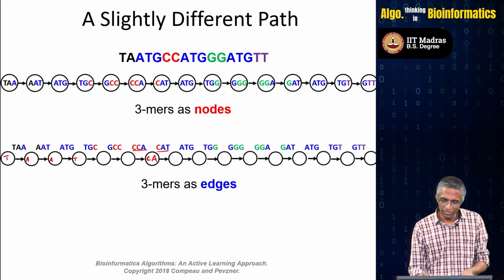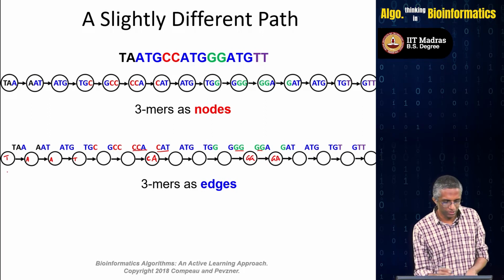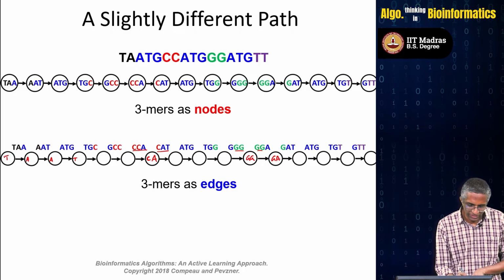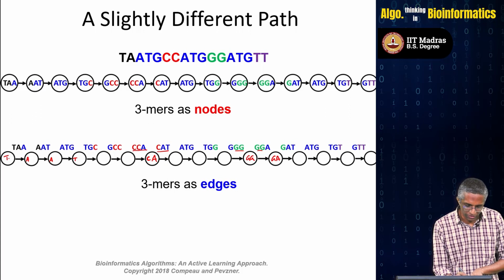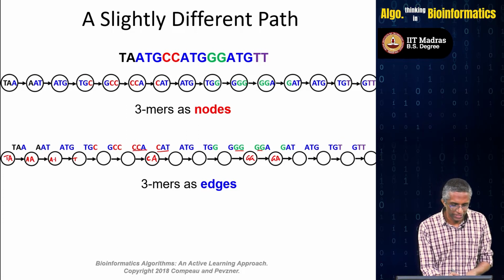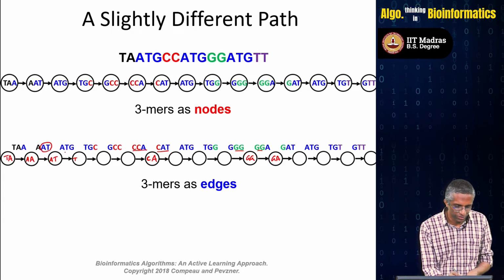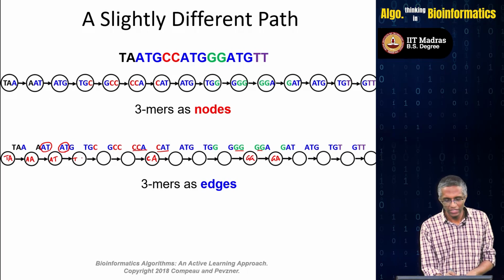Similarly between GGG and GGA, the GG is the overlapping one, so this one I can put GG. Similarly here I will not put T but rather TA, and here I will put AA. And this will be AT, because AT is the same between here and here.